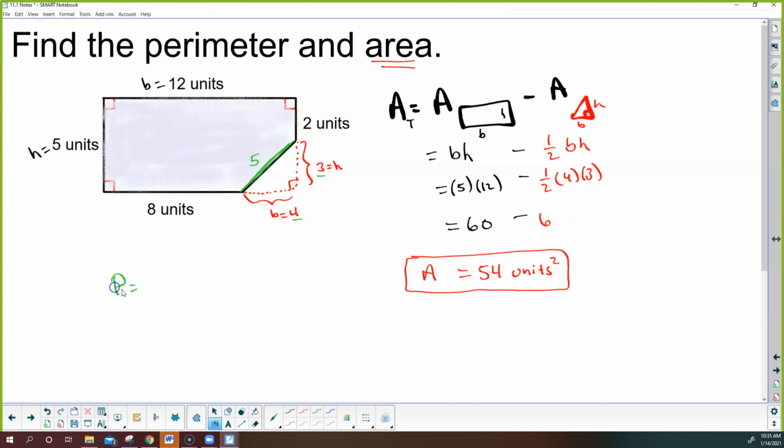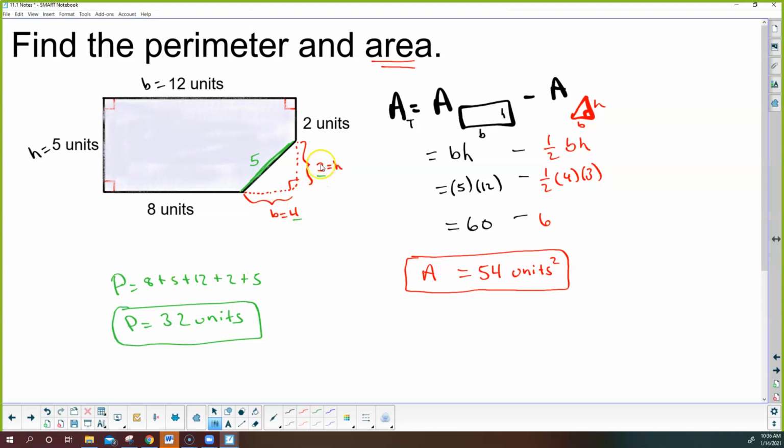So then perimeter ends up being all of these distances around the shape. And if I add those together, that's, let's see, 20, 32 units.